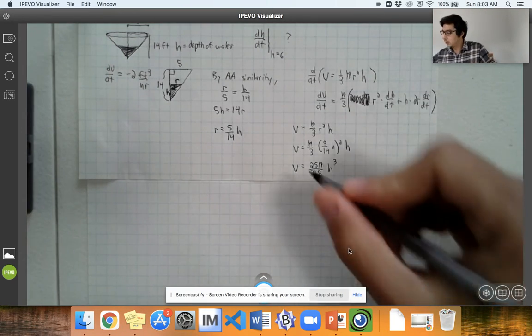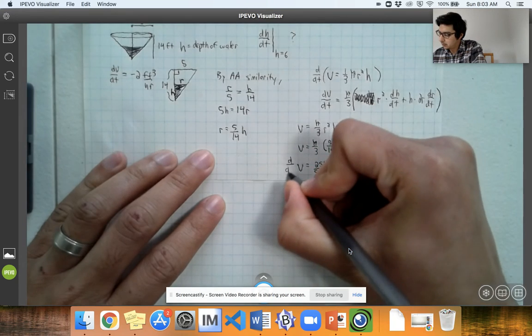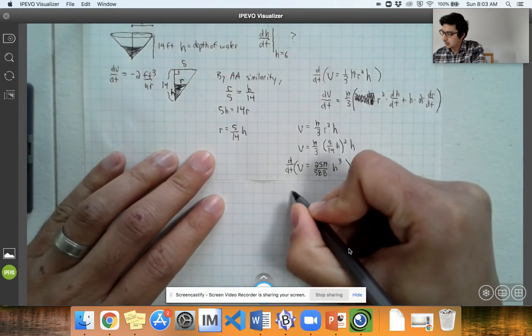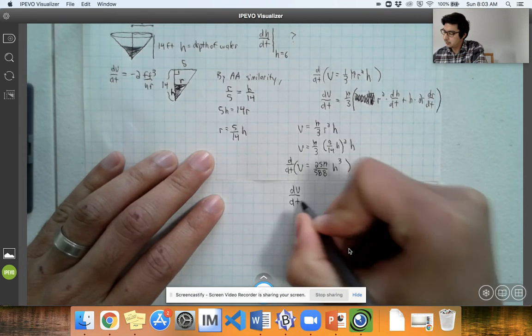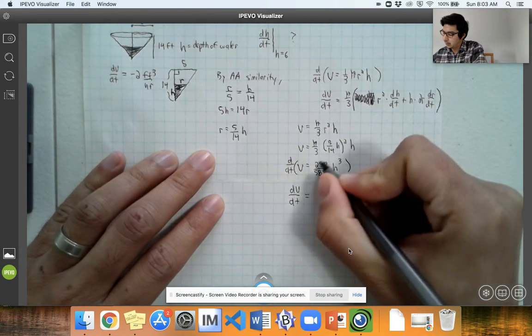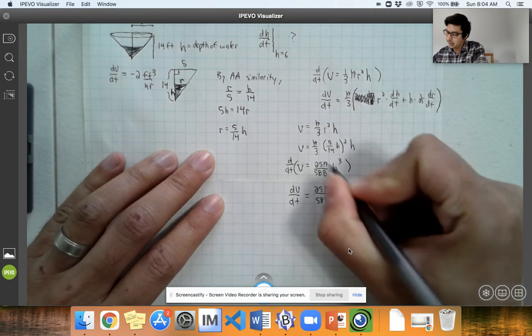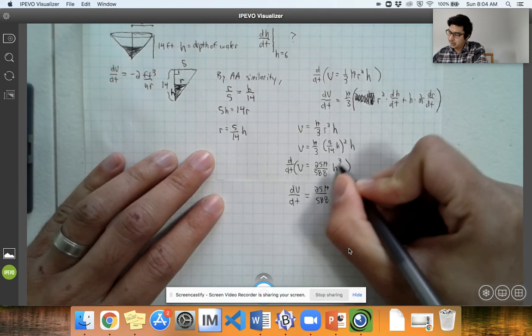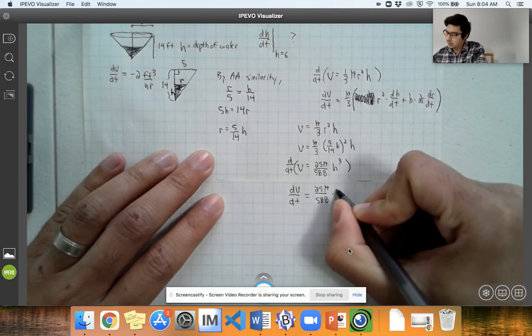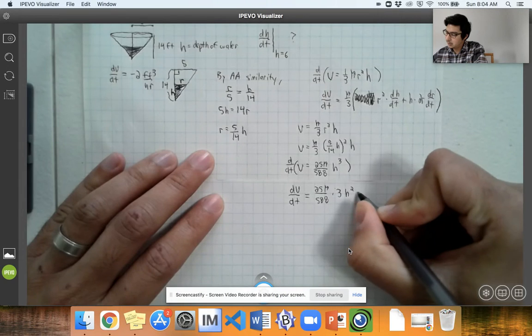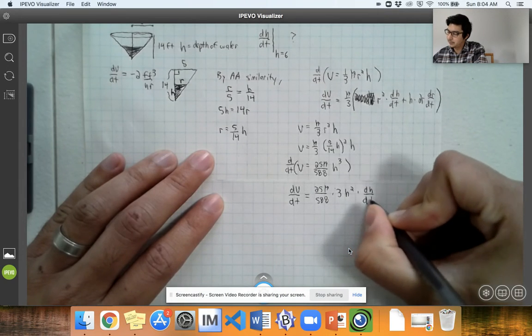And now we can take the derivative of this with respect to time and say, hey, the volume of the water changing is going to equal, now all of that's just a number, so we don't have to worry about that when differentiating. Pull that out in front. And the derivative of h to the third is going to be 3h squared dh/dt.